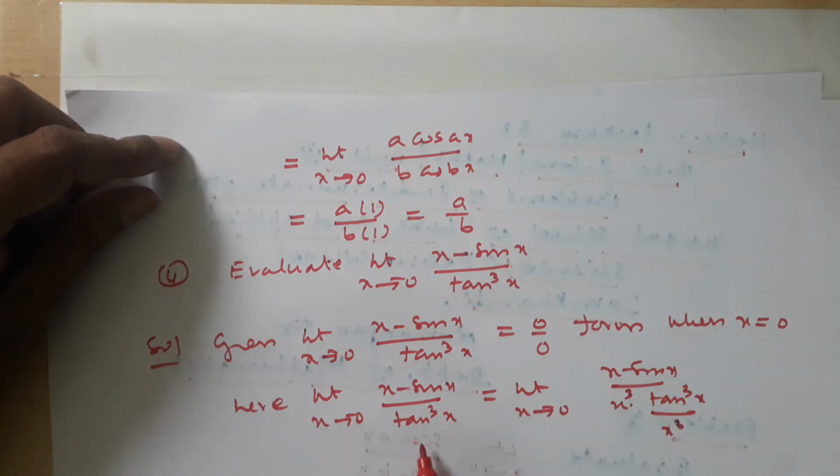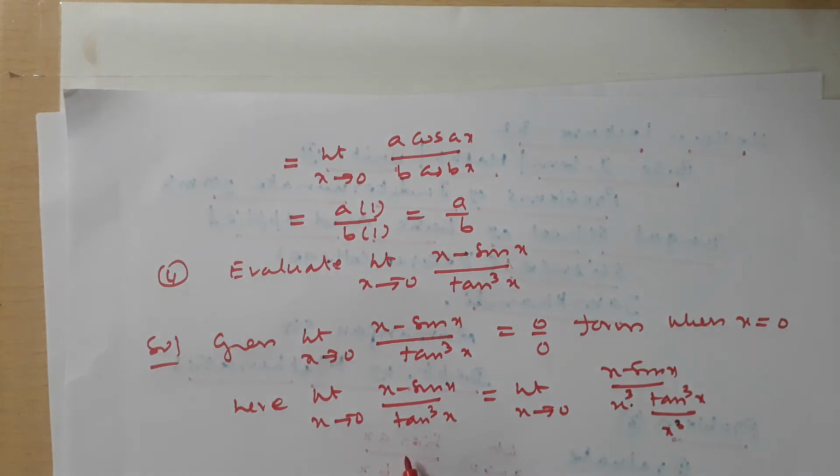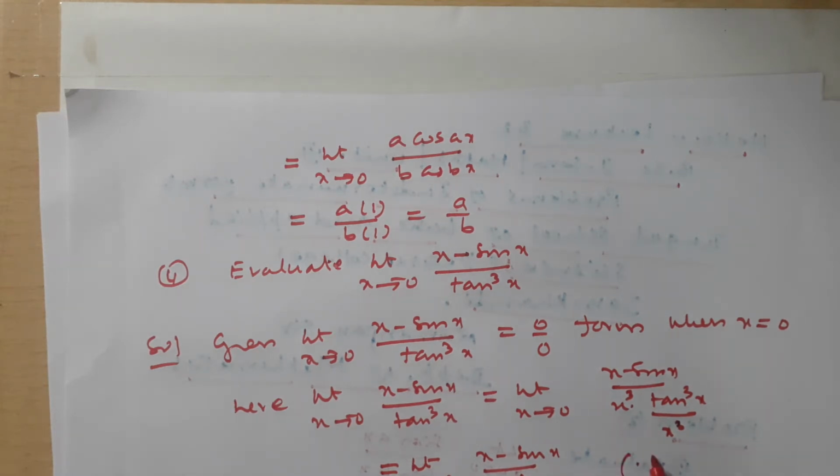So we can divide by x cube to the denominator. Automatically that makes the limit of this value equal to 1, so that it will be now limit x tends to 0 x minus sin x divided by x cube into 1, since limit x tends to 0 tan x by x is equal to 1.